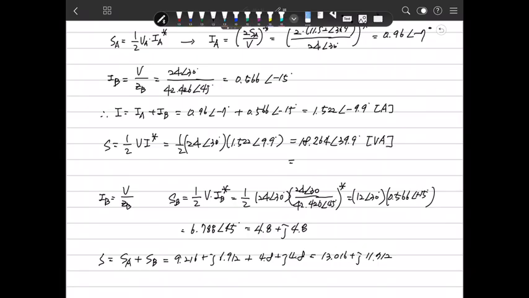Oh, I have a long number. This is not 13, this is 14. Okay, that value is 14.012 plus j11.713.